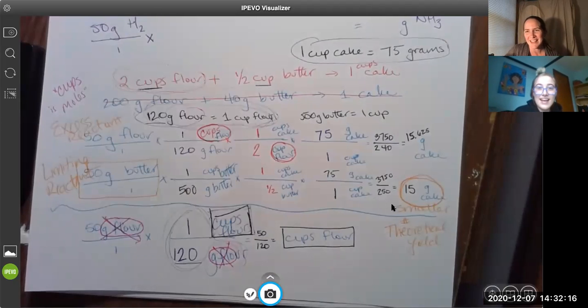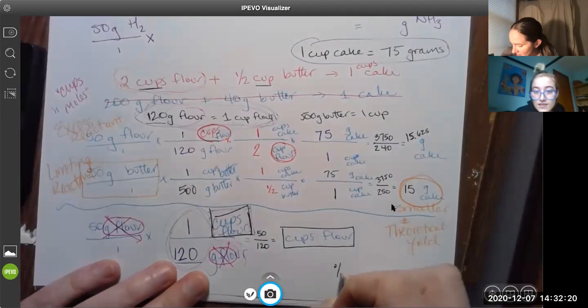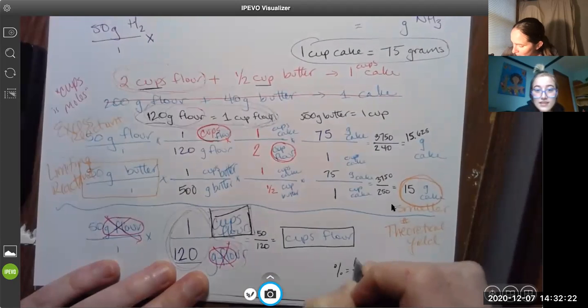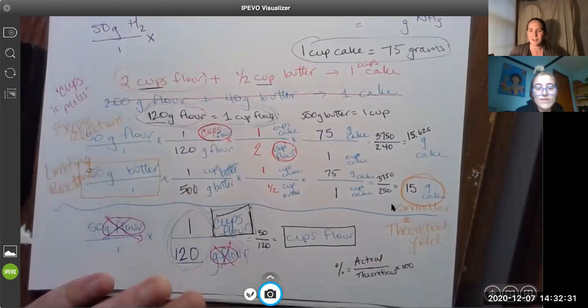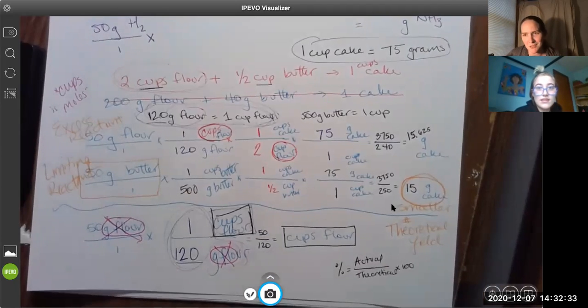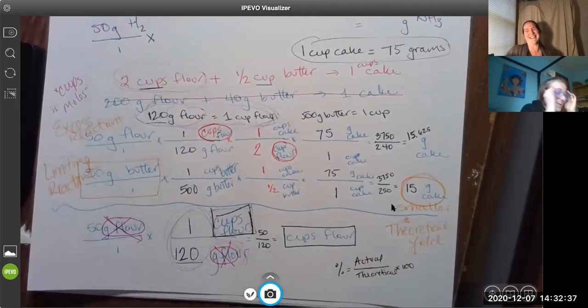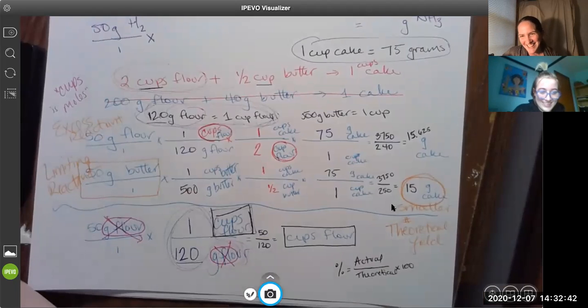And then the percent yield is just the actual divided by the theoretical, times 100. They give you the actual.